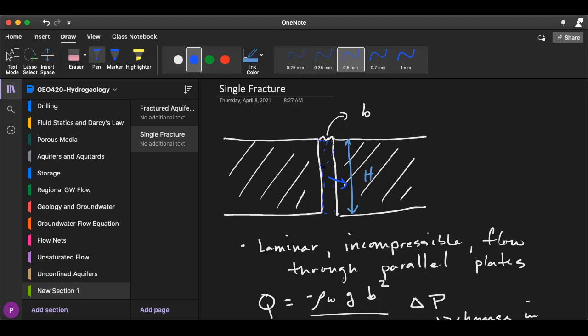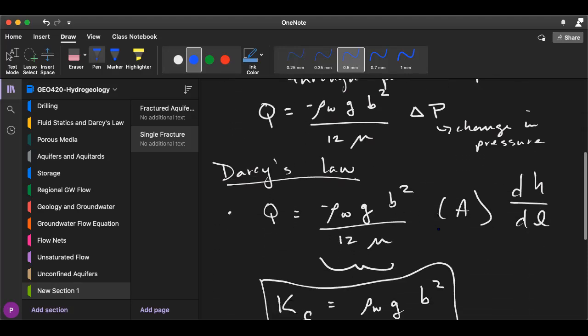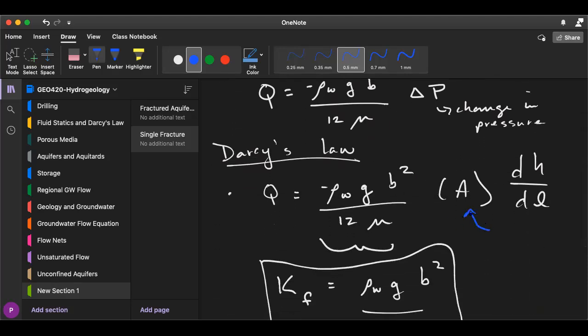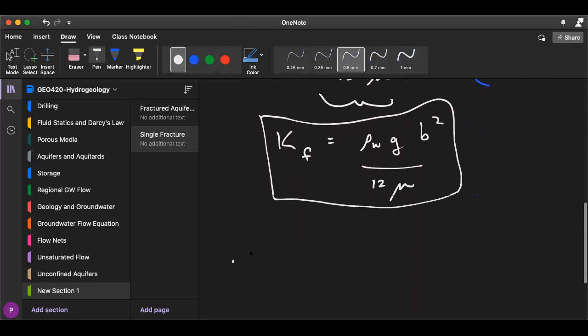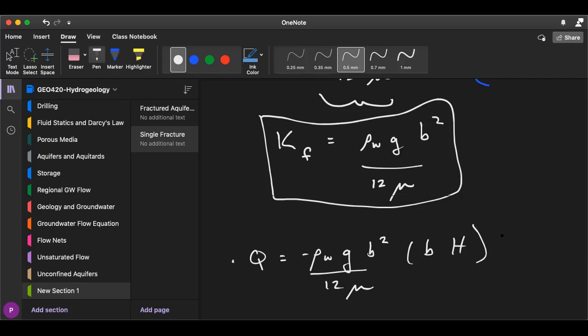How do I calculate that? B times H. So I can put that in here for A. I can rewrite this: Q fracture is equal to negative rho water g b squared over 12 mu times b times H times dH over dL.